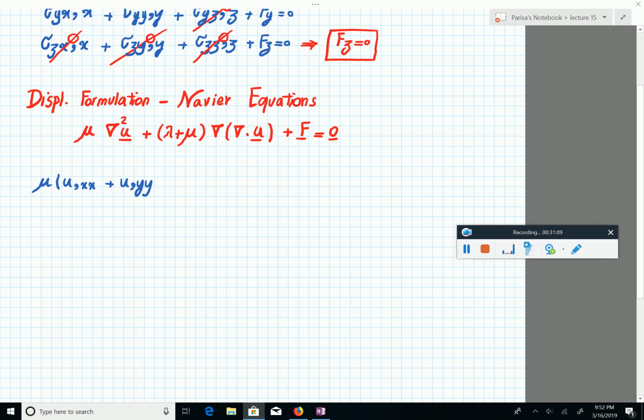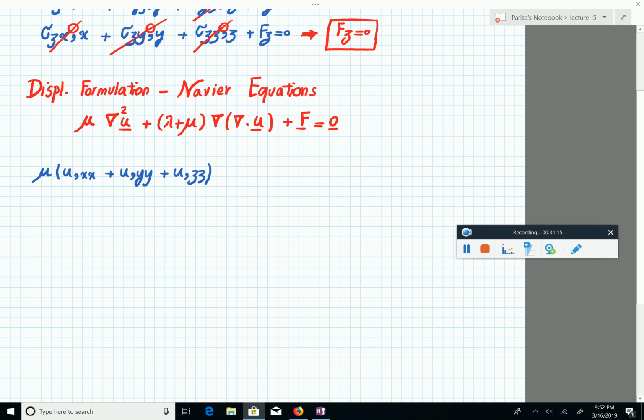mu times u comma xx plus u comma yy plus u comma zz, plus lambda plus mu. Here we have basically the gradient of the divergence.